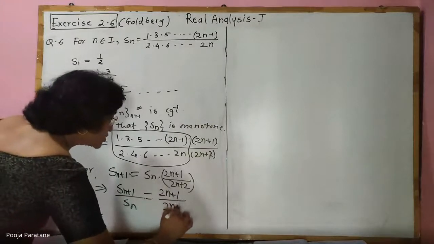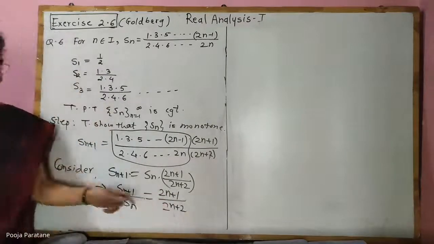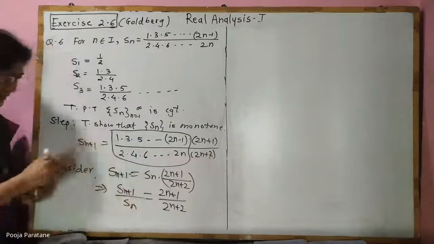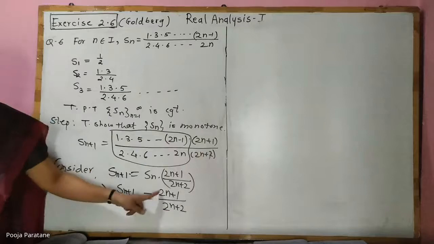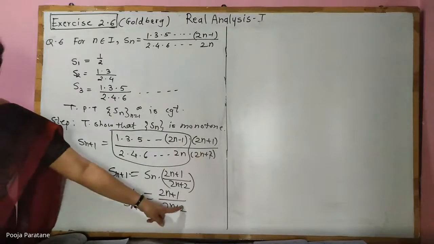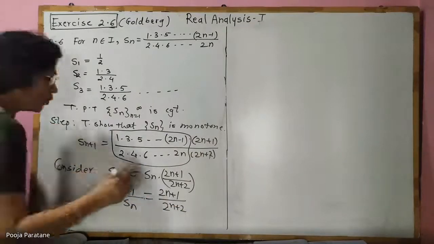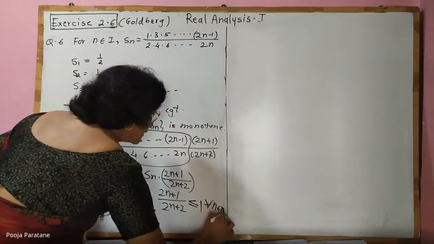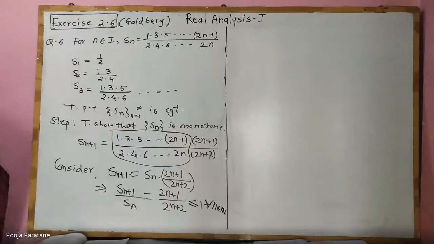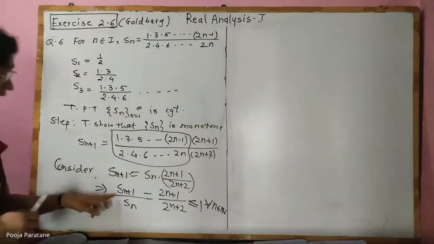upon 2n plus 2. And here you can check that, as n is a positive integer, n belongs to I, the denominator is greater than the numerator. So obviously this ratio is less than 1 for all n belonging to the natural numbers. From this we can say that this sequence is non-increasing.